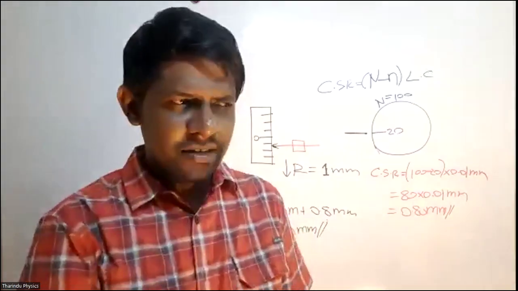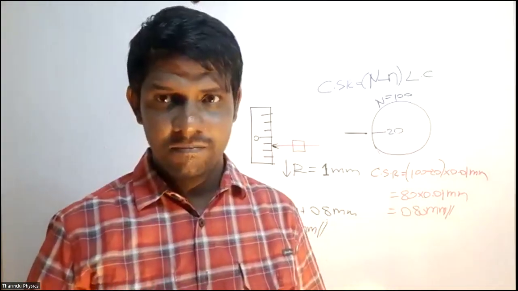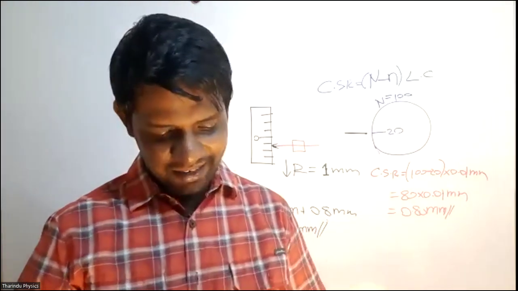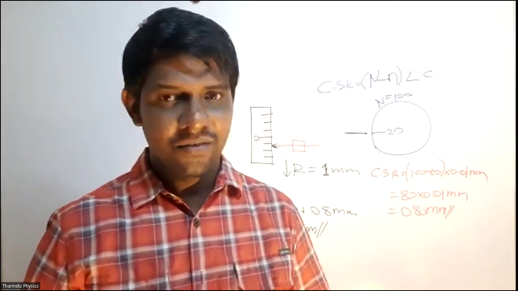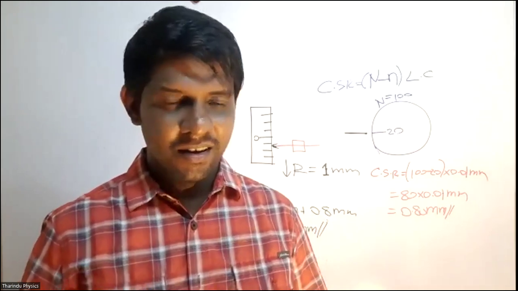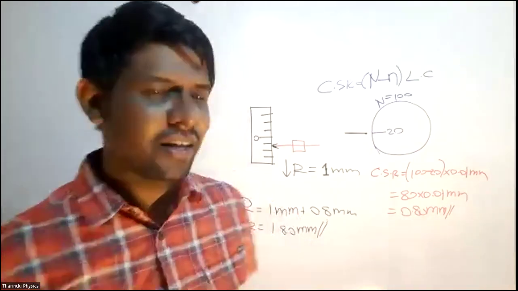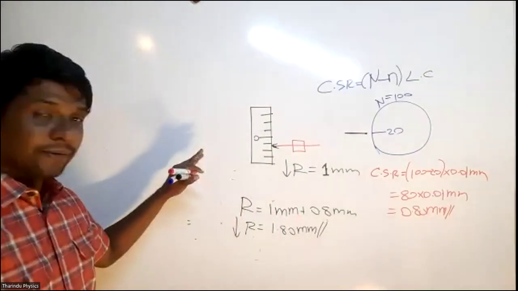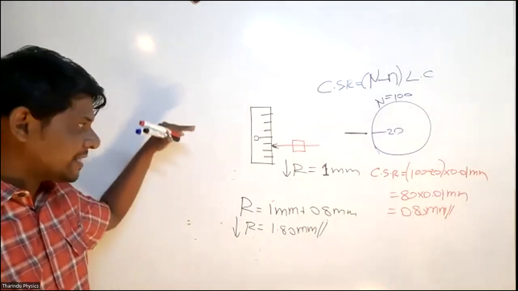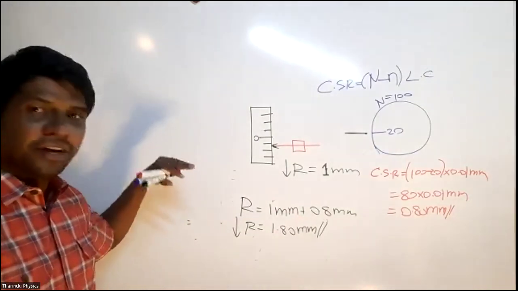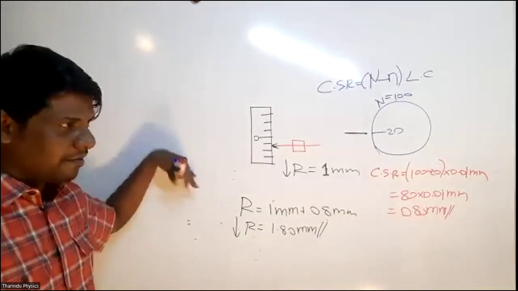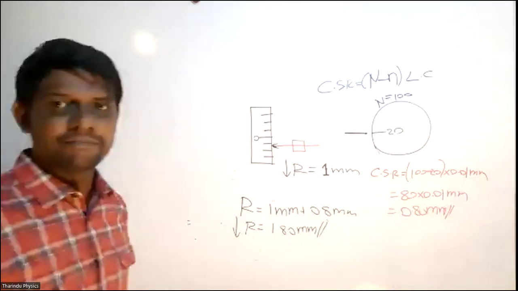What is the meaning of initial reading? There is no zero error in the Spherometer. We are not calling it a zero error. We read it as the initial reading, and we subtract it from the final reading.